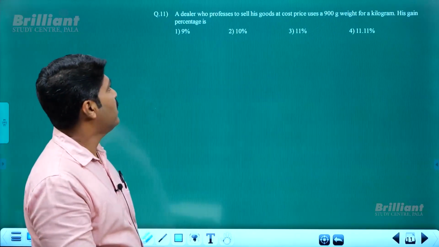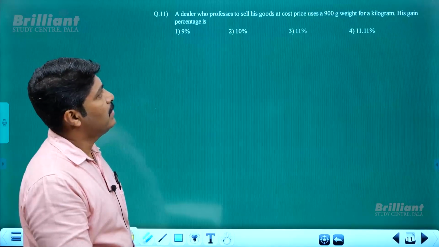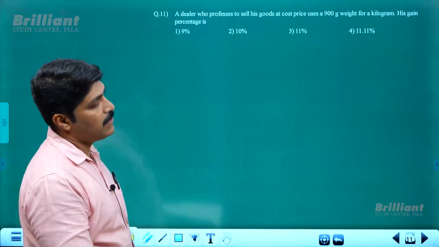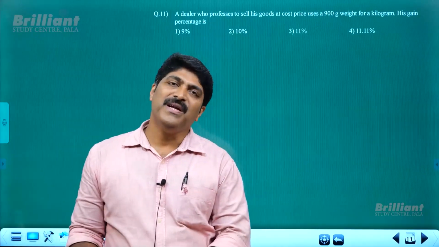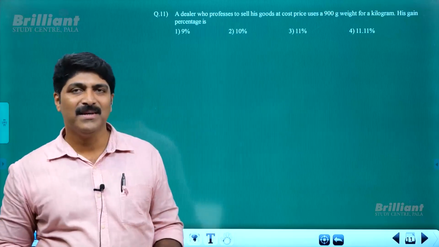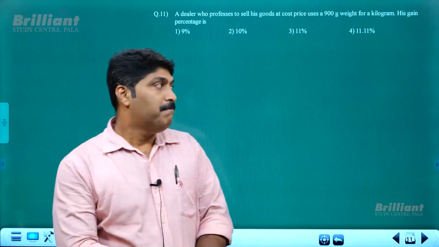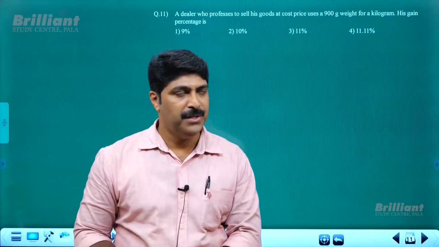Another one, that's also an easy one. A dealer who professes to sell goods at the cost price uses a 900 gram weight for a kilogram. His gain percentage? Understand the situation here. Actually he's offering such a thing. He is selling the goods at the cost price itself, but he is doing a malpractice through the weight change.